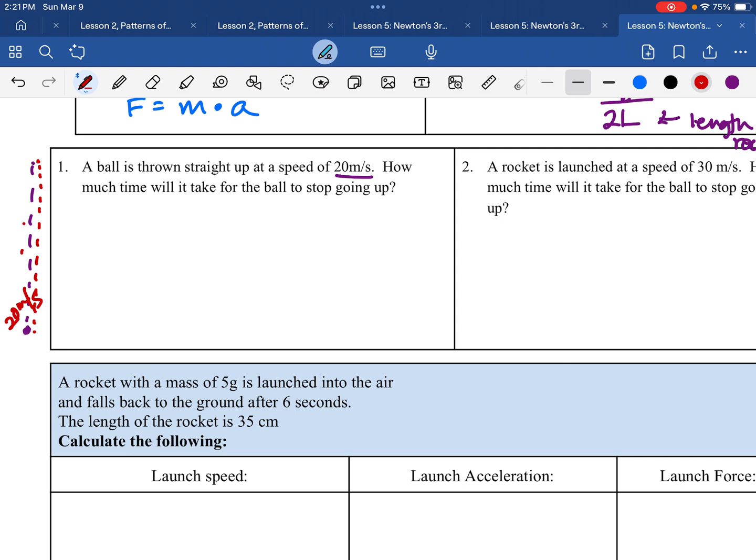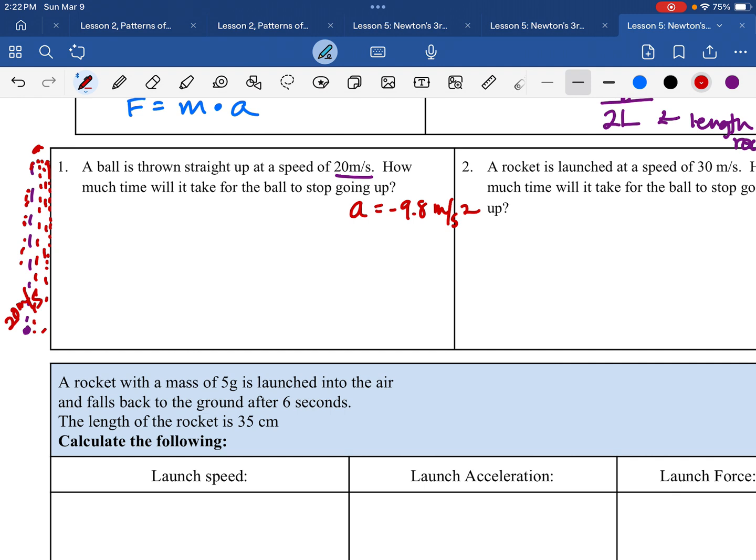Eventually it'll go up, and it'll go slower and slower and slower until it stops here, and then it'll come back down. And that's because the pull of gravity is slowing it down. And we know that the acceleration due to gravity is negative 9.8 meters per second squared. So it's going to be pulling it, making it go slower and slower. Every second that goes by, it'll be 9.8 meters per second slower until it stops right up here. And then it will start to head back down, and then it will increase its speed at 9.8 meters per second every second until it hits the ground.